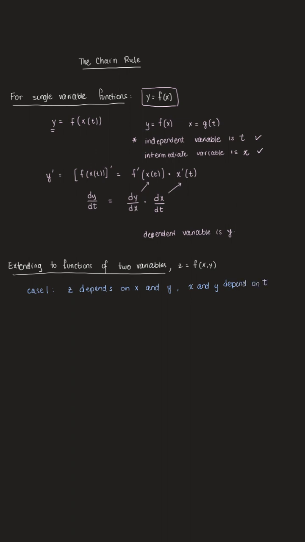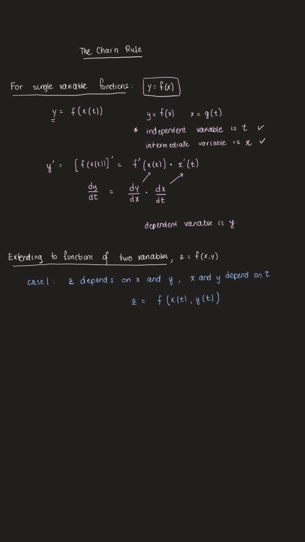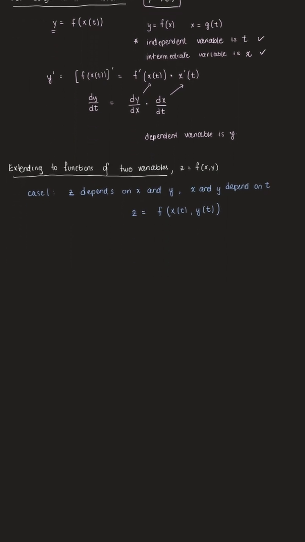So we are going to have compositions here, right? We can think of the composition as we have z is a function where x depends on t and y depends on t. And we want to know, how do we take the derivative of z with respect to t, to the independent variable? So we can list here our independent variable, intermediate variables, and dependent variable.